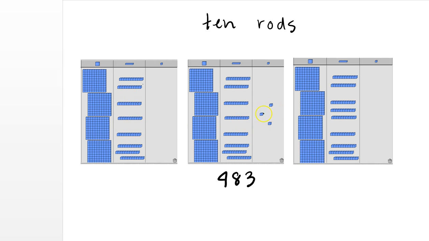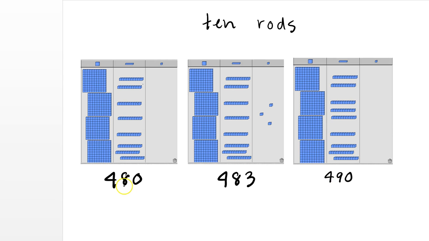So basically what I did here is I dropped the units, and we have 480. And here, I added one more rod than was originally here, and we have 490. So if we're rounding to the nearest tens place, or the nearest rod, 483 lies between 480 and 490.